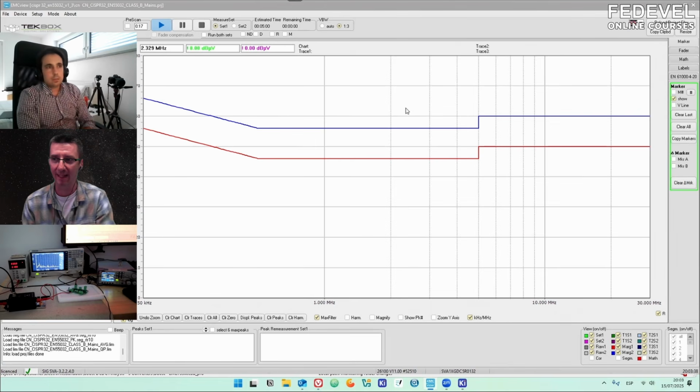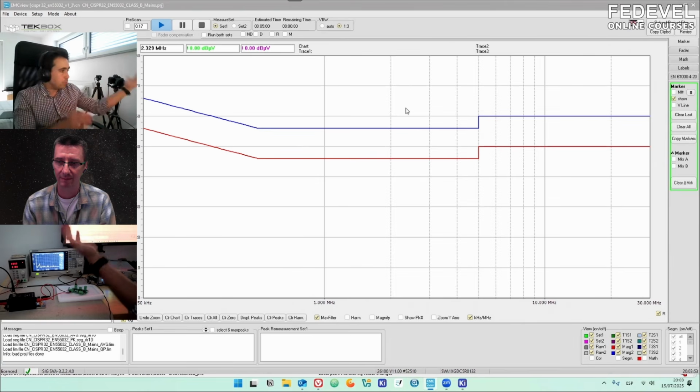For example, the power supply I have here does not mean that it's the same as the one the EMC lab has. Cables. No matter if you use one kind of cable to power your system. So the idea is to provide a common impedance in this frequency range for conducted emissions.